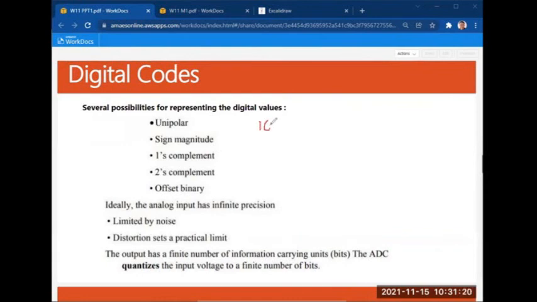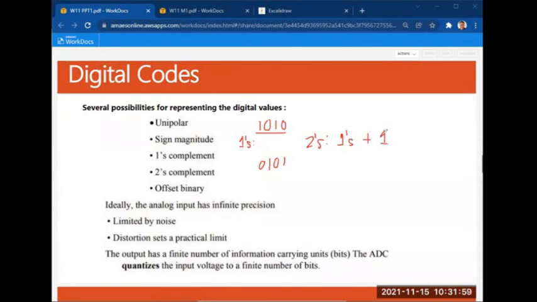For example, we have a value of 1, 0, 1, 0. The ones complement of 1, 0, 1, 0 is just the complement of each bit. Okay, so the ones complement will be 0, 1, 0, 1. So this is the ones complement of this. The twos complement is the ones complement plus 1.